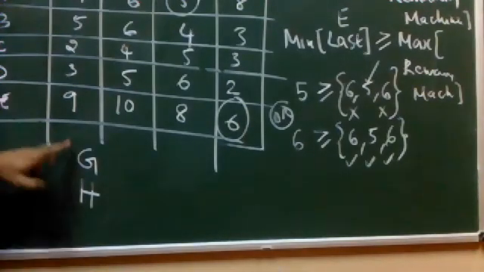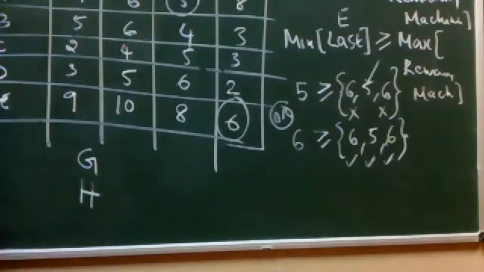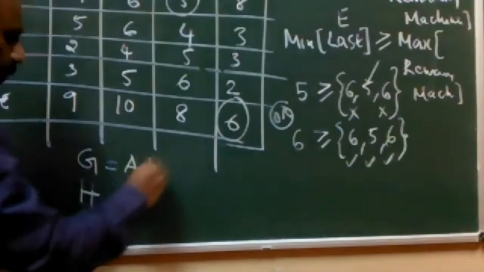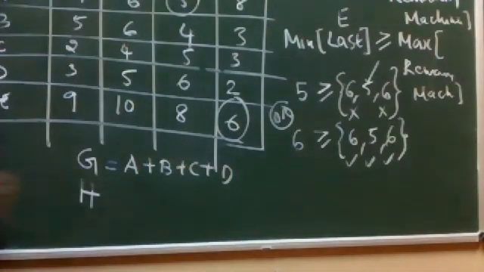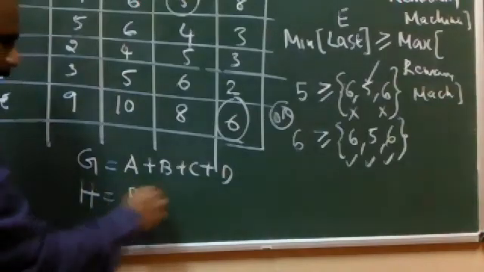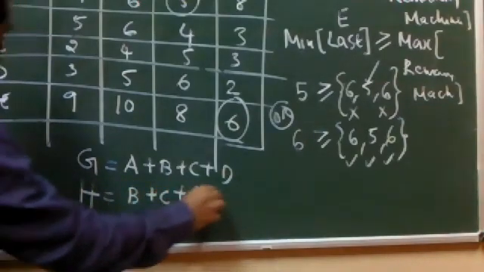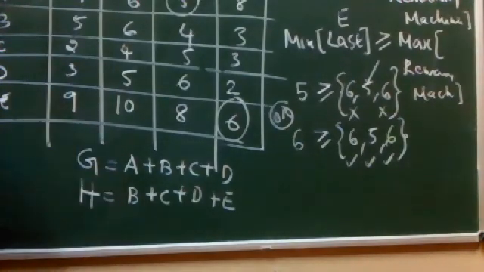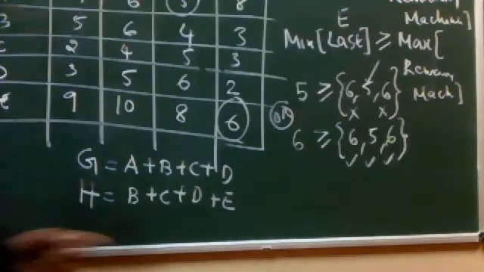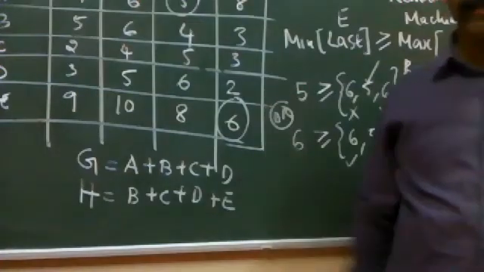Now what is the meaning of G and H here? Very simple. G refers to A plus B plus C plus D. And H refers to B plus C plus D plus E. Can anybody please tell me what is the logic behind writing this equation?